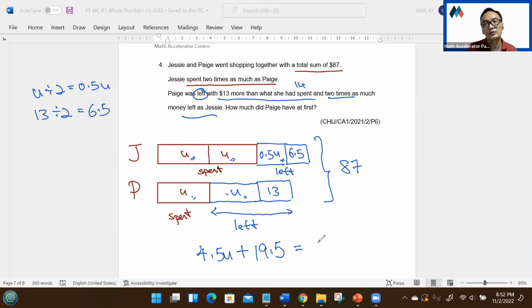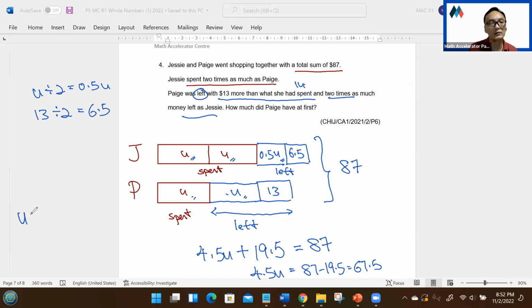And this will give us a total of $87. Can you help me find out what's the value of 4.5 units? That means the difference between 87 and 19.5. So you will have 67.5, right? 67.5.